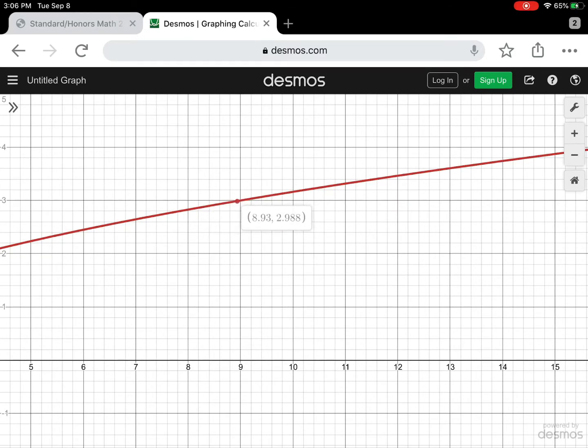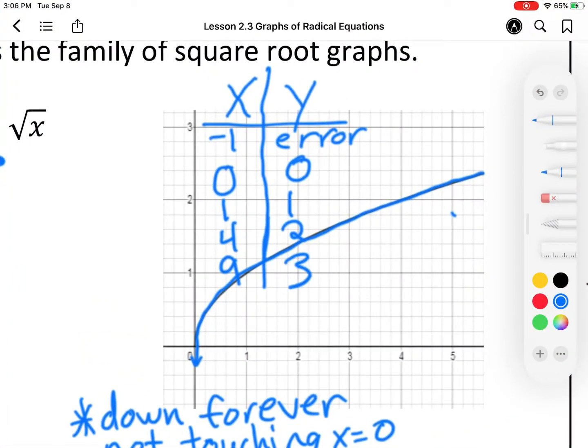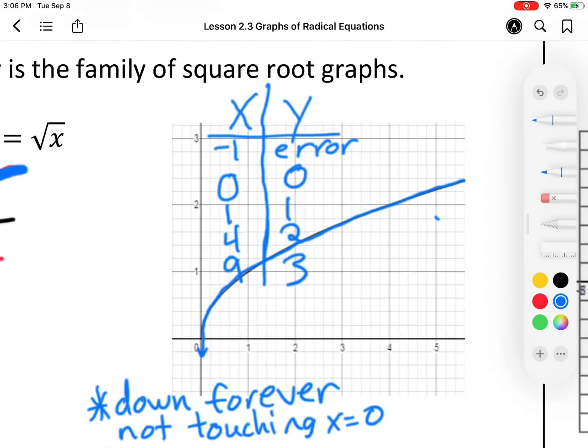I have fat fingers. But where x is 9, y is 3. So we're going to use this to transform it depending on what our new equation looks like.